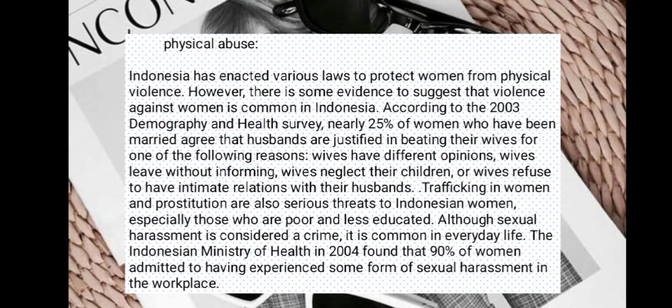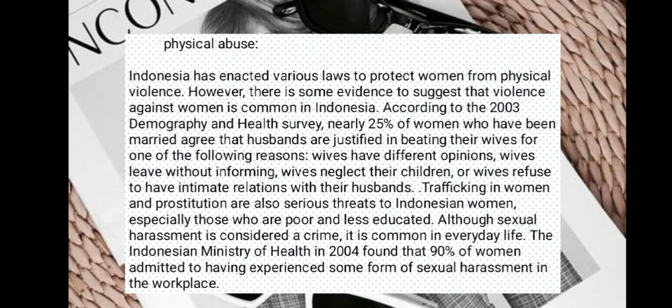According to the 2003 Demography and Health Survey, nearly 25% of women who have been married agree that husbands are justified in beating their wives for one of the following reasons. Wives have different opinions. Wives leave without informing. Wives neglect their children, or wives refuse to have intimate relations with their husbands.